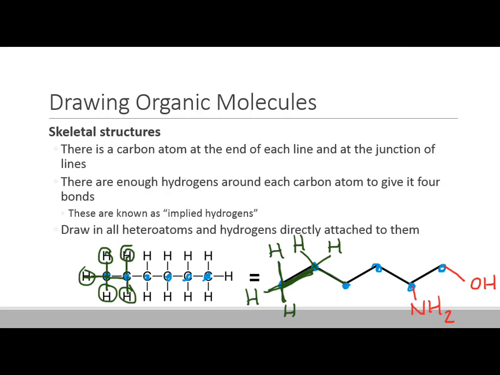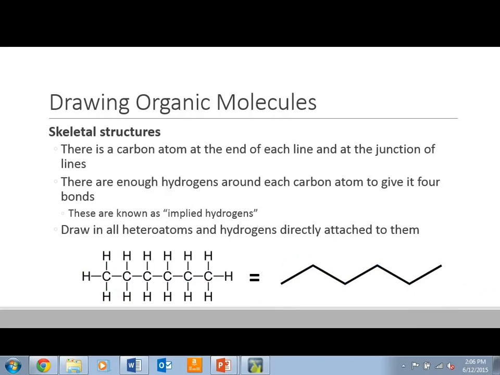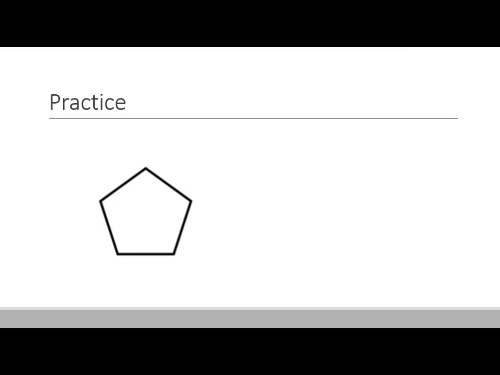So let's go ahead and practice, because I think that's the best way to see this in action. Here I have this lovely little pentagon, but what does it really mean? Well, what it's saying is I have 1, 2, 3, 4, 5 carbon atoms arranged in a ring. That's the backbone.